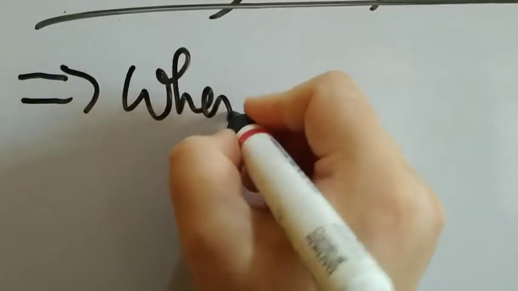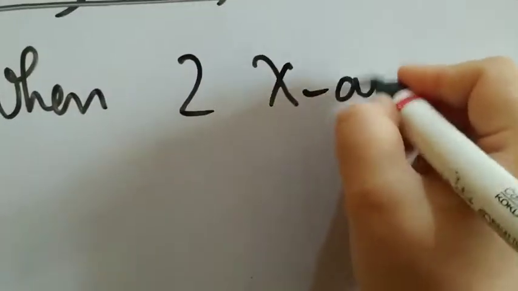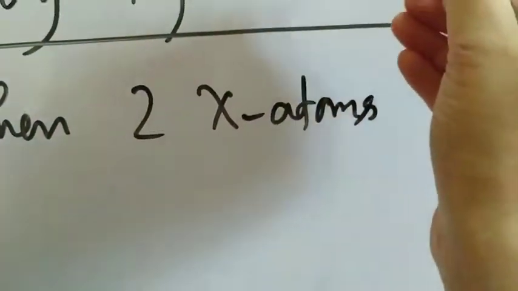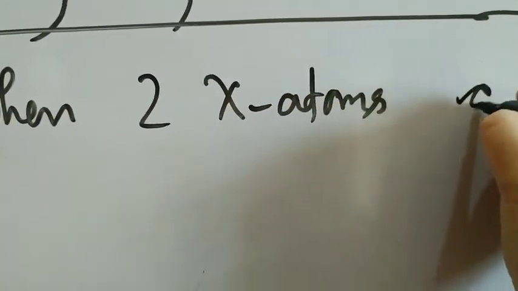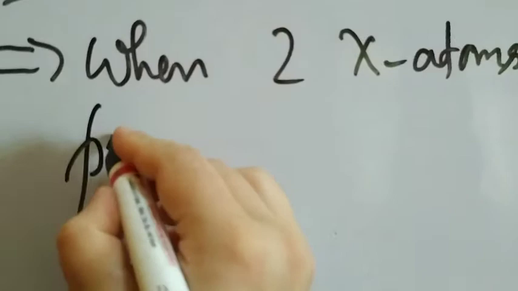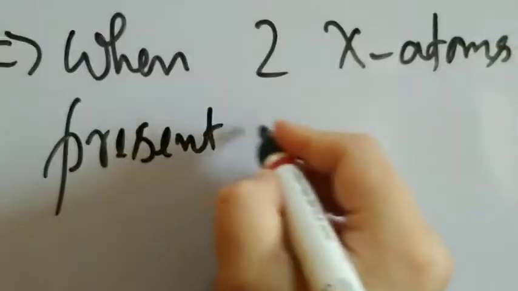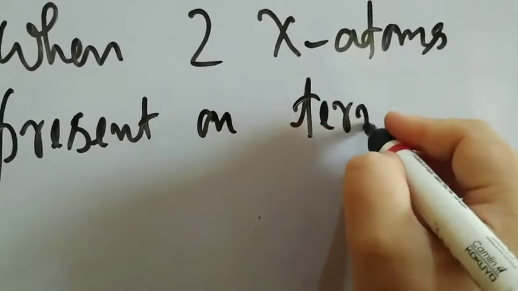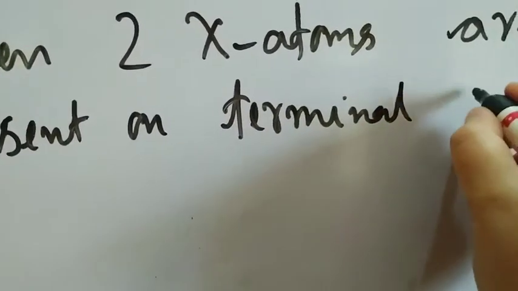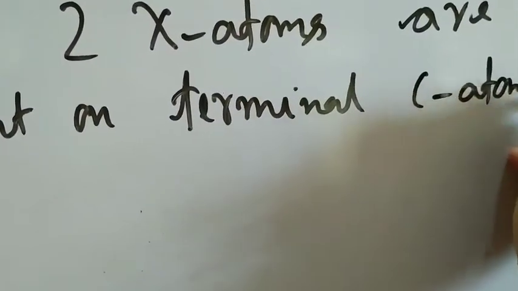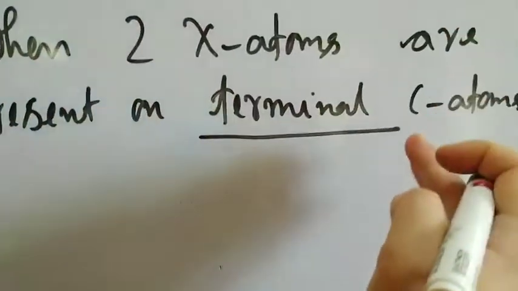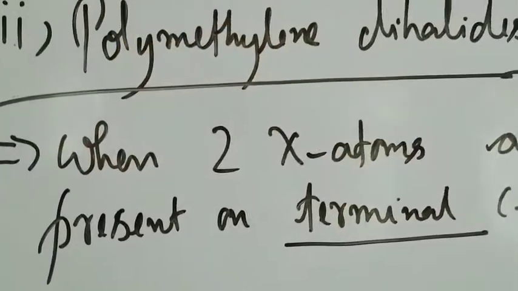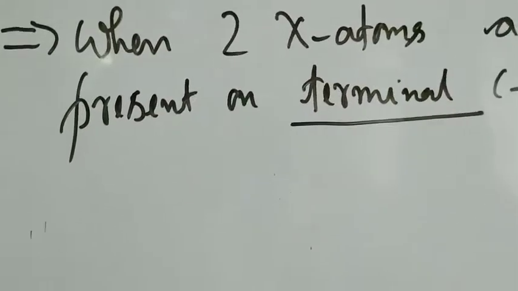For what is the name polymethylene used? When these two halogen atoms are present on terminal carbon atoms, however long your chain is, at the terminal ends, one is present on this end, another is present on this end, then you call it a polymethylene dihalide.